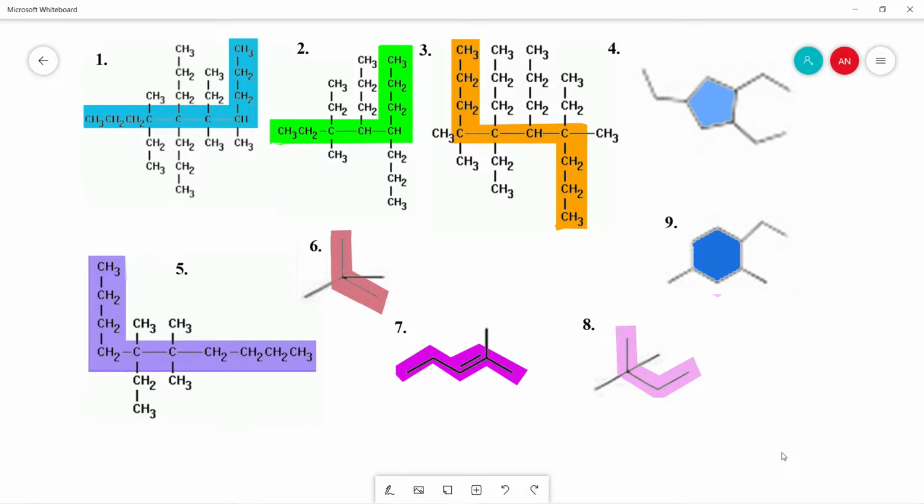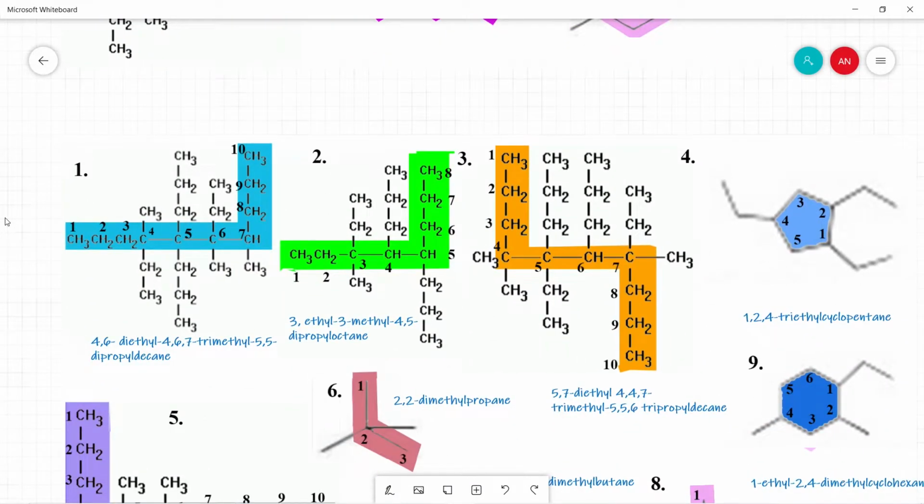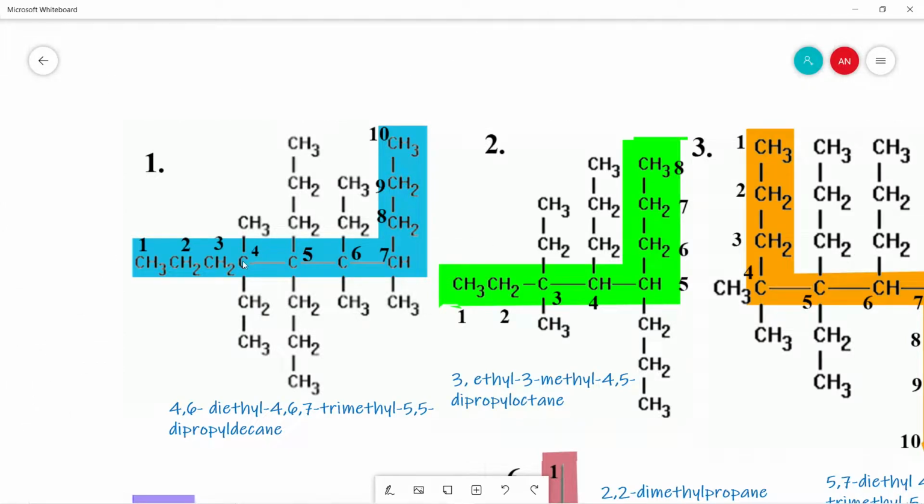After that, we assign the numbers according to the branches, from whichever side the branches are nearer. We start assigning the numbers from that side. In this example, I have assigned the numbers to the parent chain according to the nearby branches. You will be surprised that if we start assigning the numbers from this side, this carbon would be the fourth one, and there's a branch on the fourth carbon.